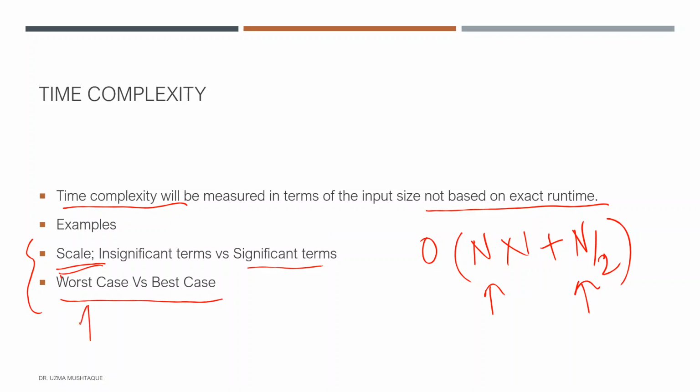Similarly, there could be a worst case situation and a best case situation when we are trying to find the order or the big O notation for an algorithm. Let's look at some examples to better understand that, and then we'll come back here.